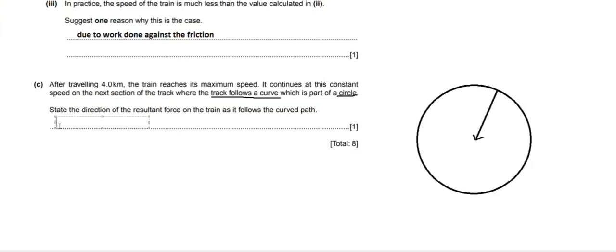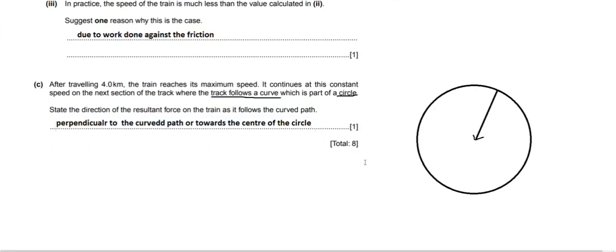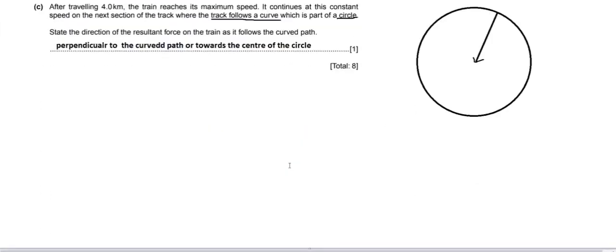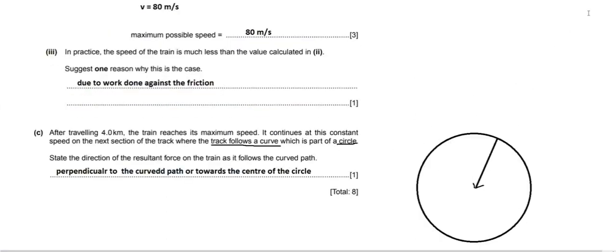So we can write that the direction of the resultant force is always perpendicular to the curved path, or towards the center of the circle. We know that is the centripetal force. Any object moving in a circular path has the centripetal force acting always toward the center of the circle. So let's go to the next question.